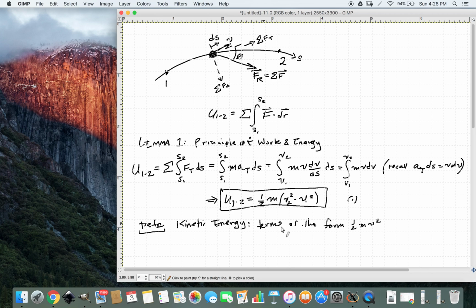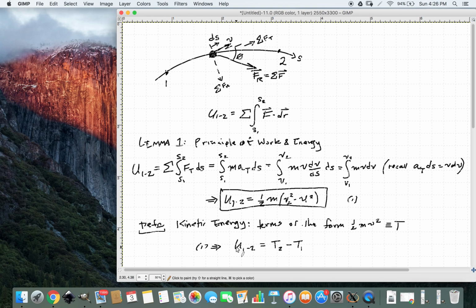Now, these things we will typically denote using T. Okay, so T1 will represent the kinetic energy at point 1, and so on. So we can return and rewrite equation 1 as U12 is equal to this up here. This would be our T2. So T2 minus T1.